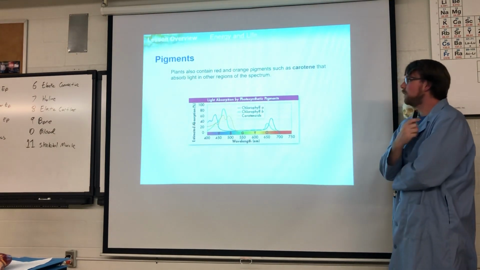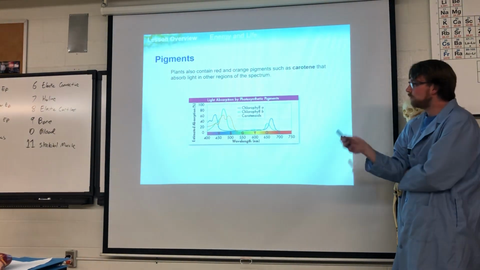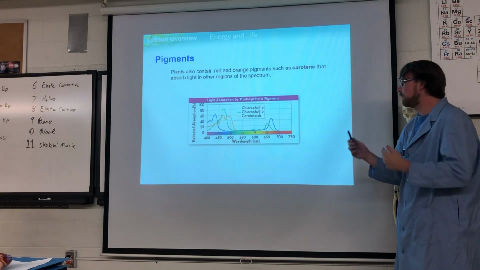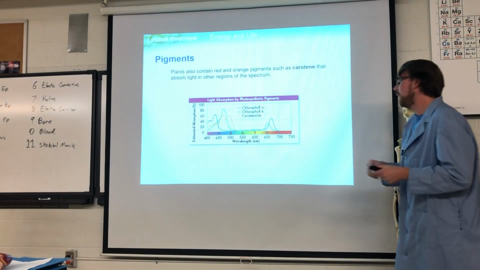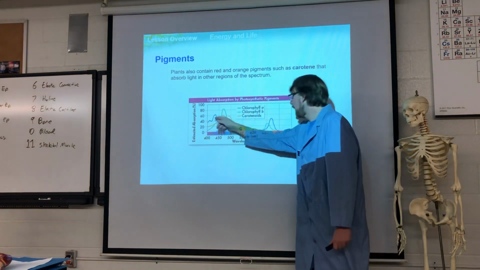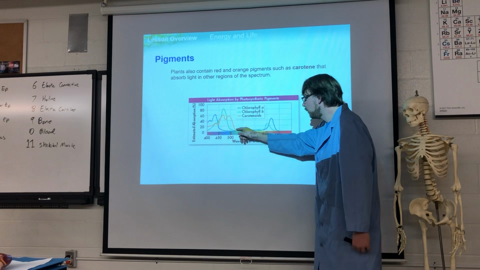So plants also contain red and orange pigments such as carotene that absorb light in other areas of the spectrum. In the fall, when the leaves turn, all of a sudden we can see these carotenoids because the carotenoids absorb only the blues.